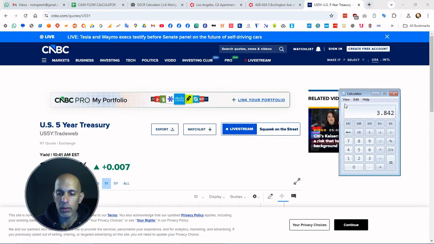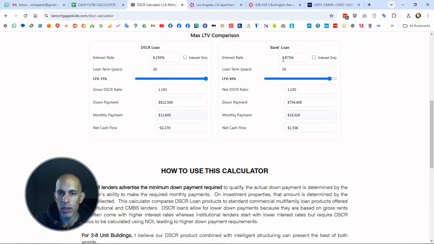Oh, it's still at 3.844 plus 2.25. So we're looking at a 6.094. So we're going to punch in that new interest rate, and that's going to affect our down payment a little bit.